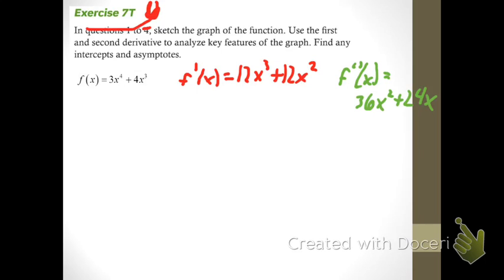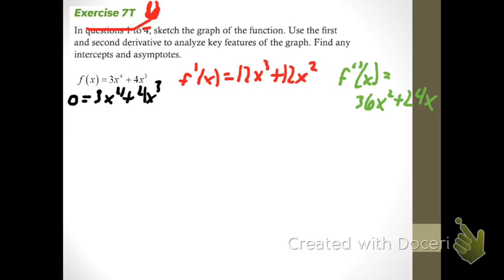Okay, now the first thing we're going to go through are the features of the graph that we can find just from the original function itself. And those features, if you remember, were the intercepts and the asymptotes. Now remember, to find the x-intercepts, you have to set y equal to 0 and solve. So we would set 0 equal to 3x to the fourth plus 4x cubed.